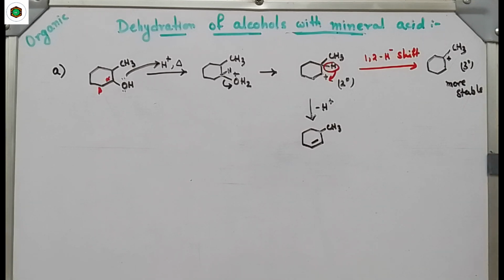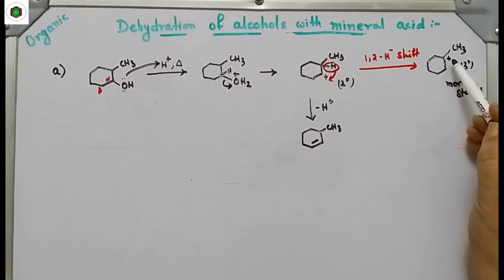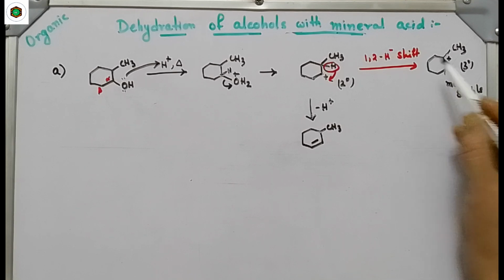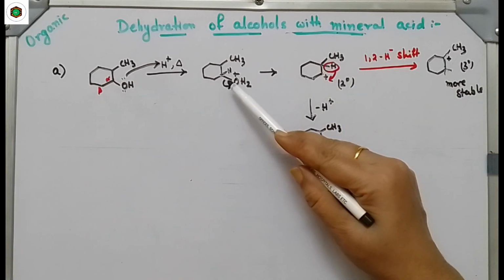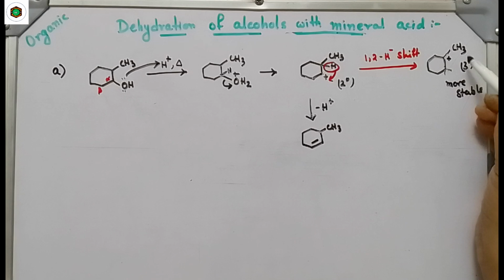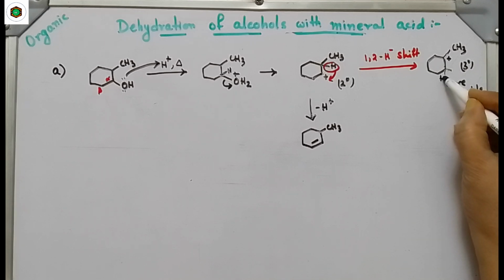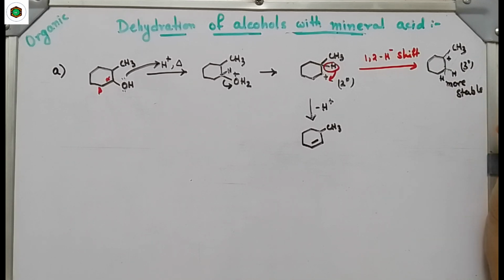So as I told you, where there is carbocation, adjacent to that carbocation, if any carbon is there, see whether any hydrogen is attached with that carbon or not. So here 2 hydrogens are attached, because already 1 hydrogen was here and 1 hydrogen has migrated.